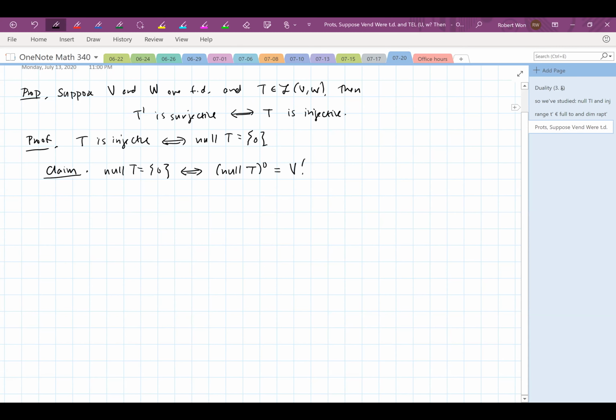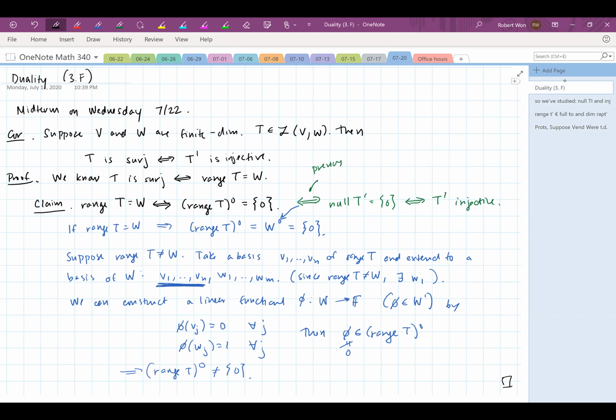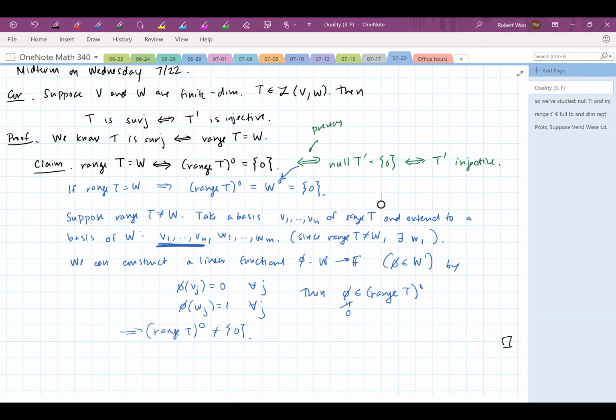Okay, notice that this proof is somehow exactly like the earlier proof except the opposite, right? So for the first proof that we did today, we started with T being surjective. That's if and only if the range was everything.